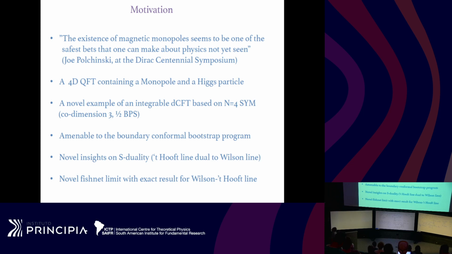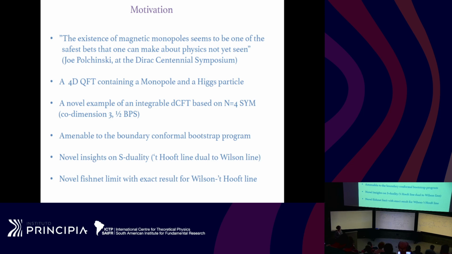There's also a good motivation to study this from the point of view of last week's workshop, because this setup should also be amenable to the boundary conformal bootstrap program. It has not been considered at all. And N=4 super Yang-Mills theory also has the duality known as S-duality, which is an electric-magnetic duality under which a 't Hooft line is dual to a Wilson line.